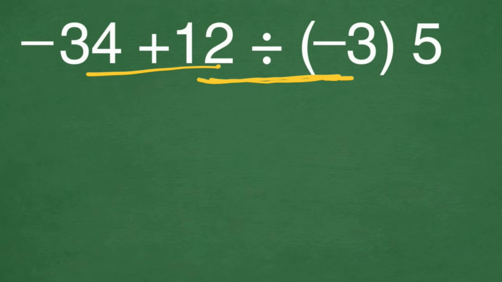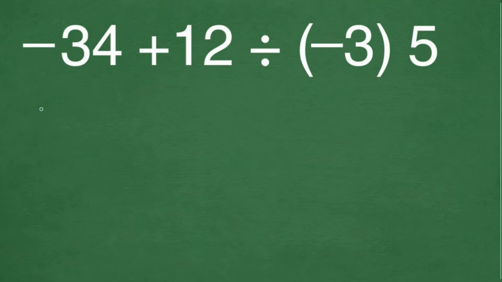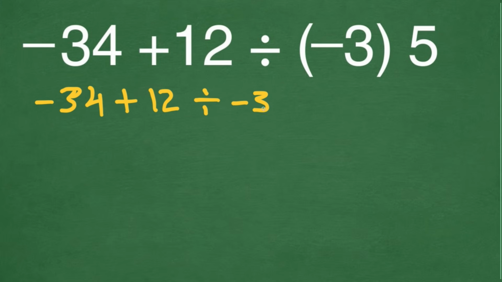It is just telling us this is a negative number. So we cannot remove the parentheses just yet, but we know that -3 is simply -3. So the equation becomes -34 plus 12 divided by -3 times 5. So this is going to be the equation we are working with.